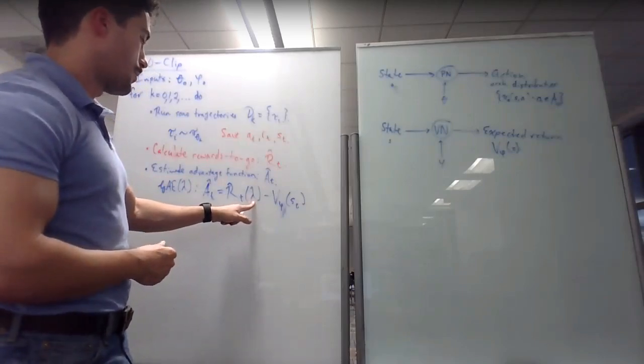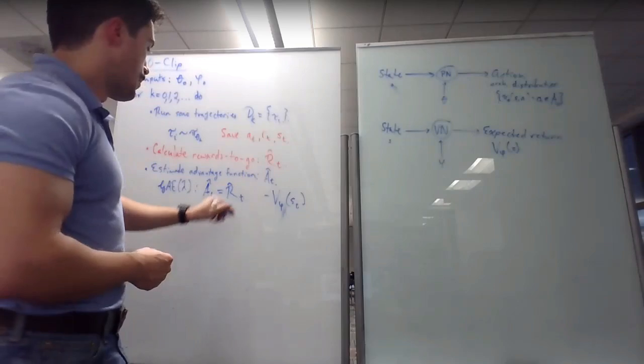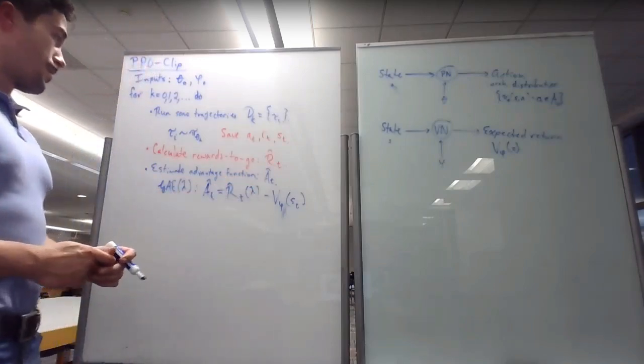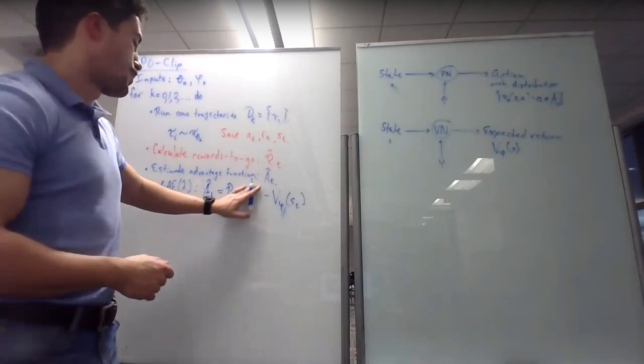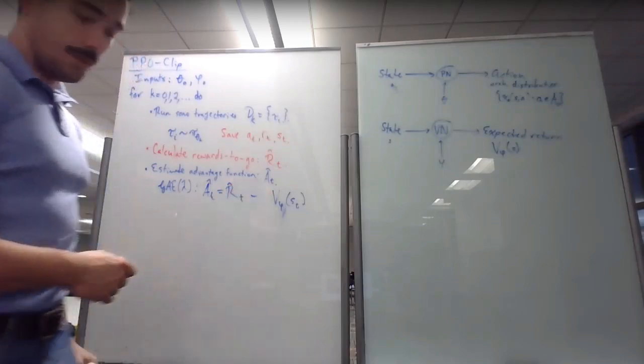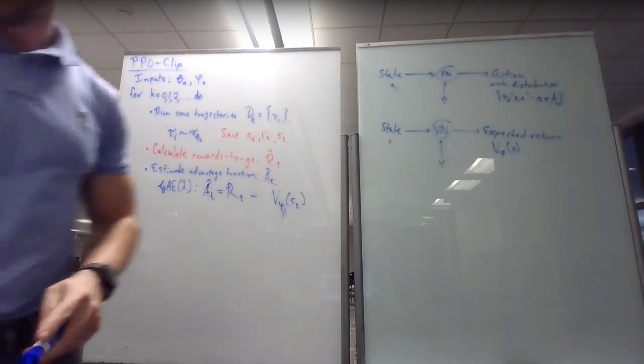They suggest you actually do discounting. You can just do this if you want to, but they find you get better performance if you do discounting. So that's the idea. You could just write this if you wanted to. So that's the advantage function estimation.